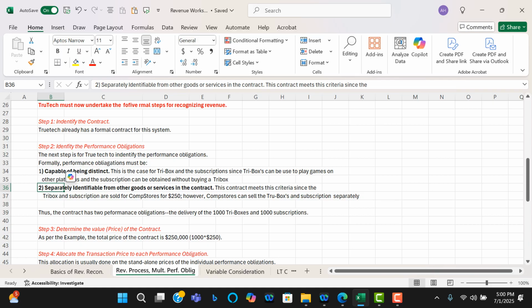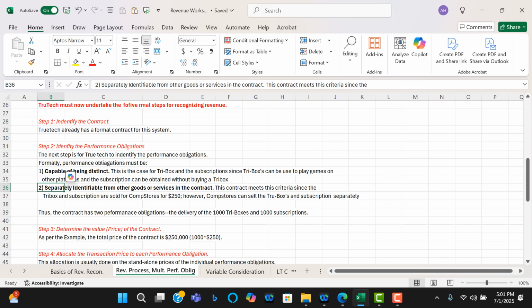You're not selling a bunch of paint and hardware and wood to build a shed, let's say, because you'd put those together and build a shed. Those would be pieces of one big product.